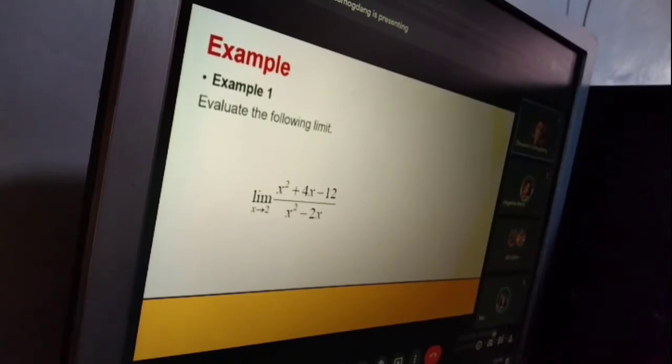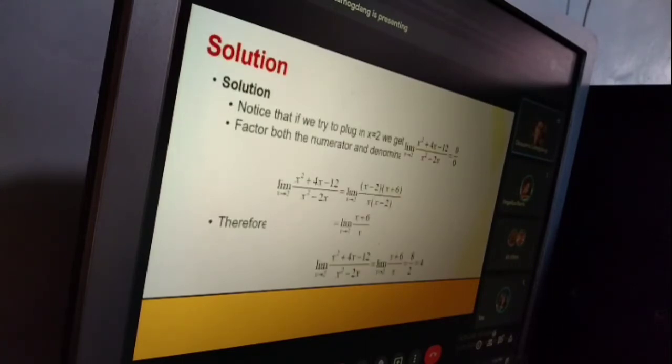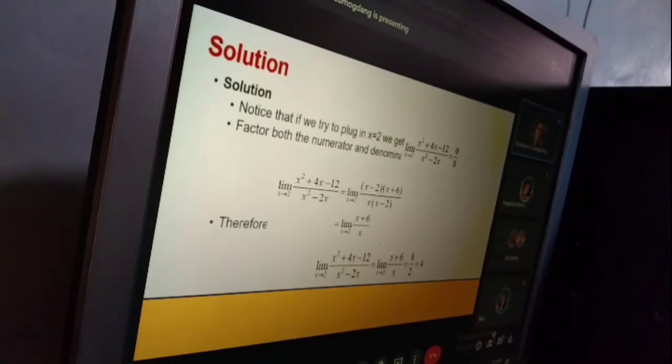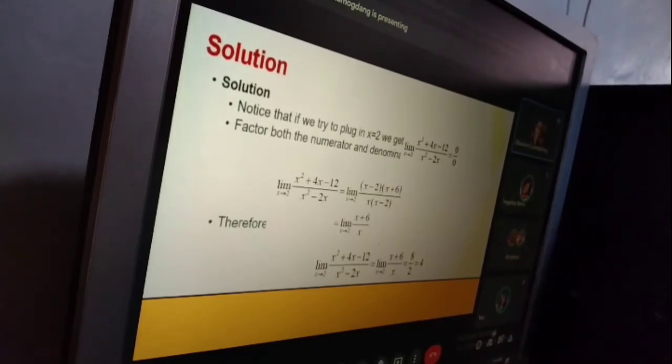Evaluate the limit of x squared plus 4x minus 12 all over x squared minus 2x as x approaches 2. So, ang gagawin natin dyan, finactor muna natin yung numerator and denominator. And then, pag finactor natin, makakancel natin yung x minus 2 at saka x minus 2. Ang matitira na lang ay x plus 6 over x as x approaches 2.